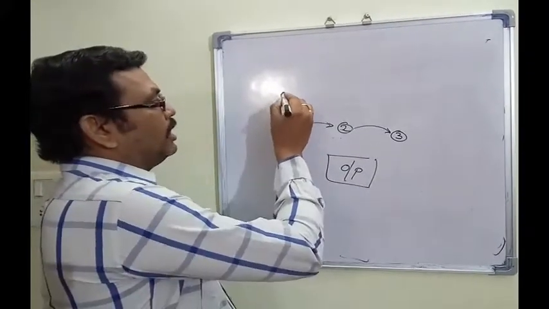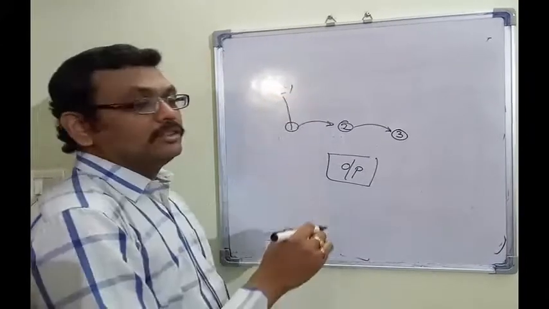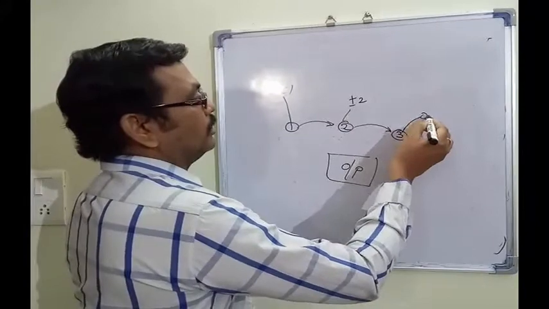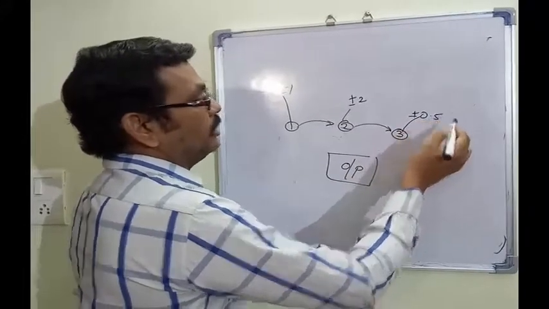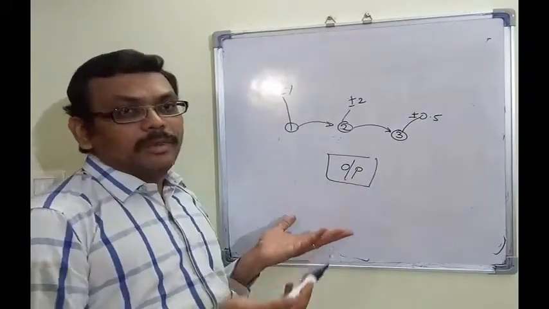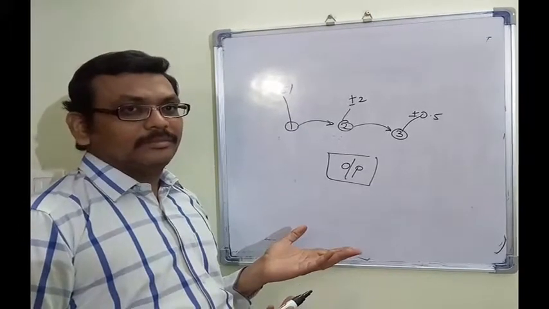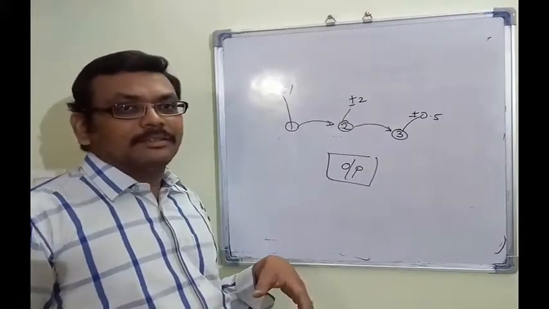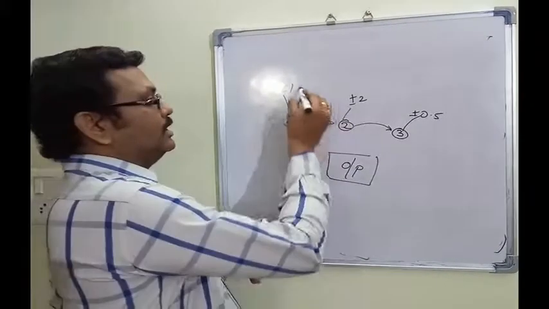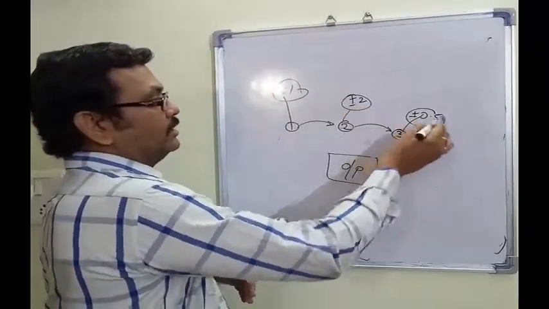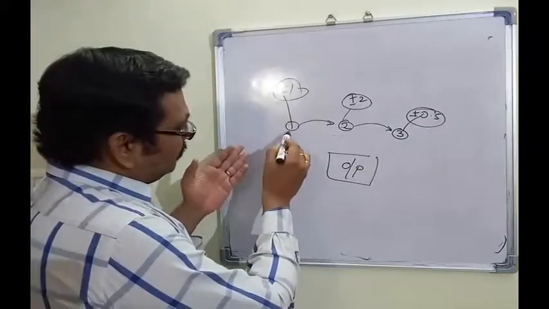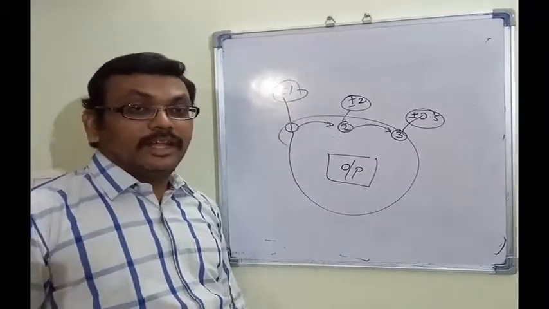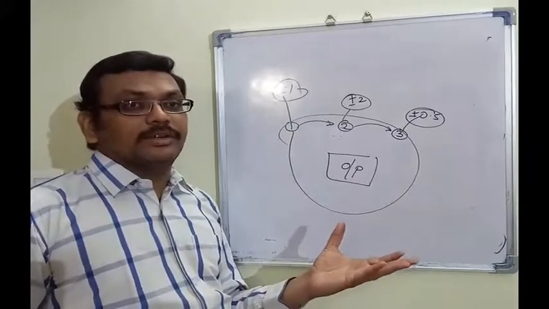Suppose in part 1 you have given ±1, ±2, 0.5. How is it going to mate? There will be a lot of variations. So this is not at all advised. First we have to study all the components. Then we have to decide how much tolerance we have to use.